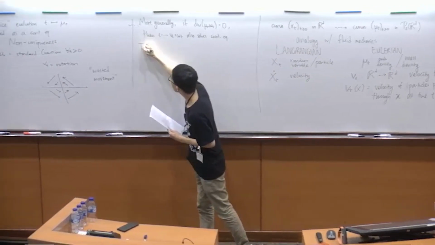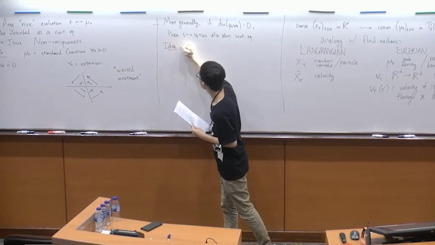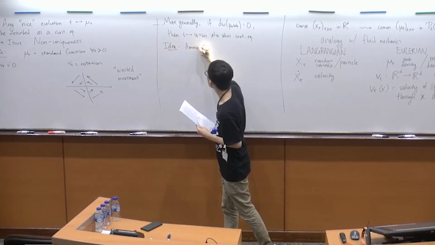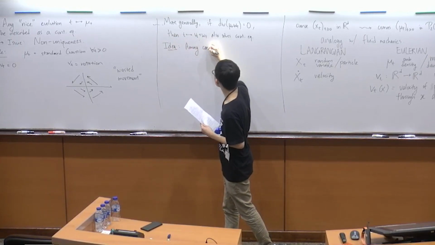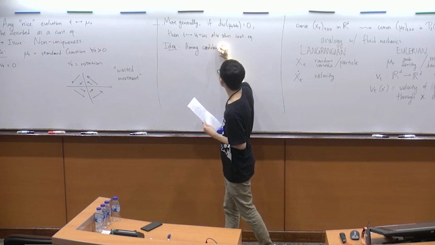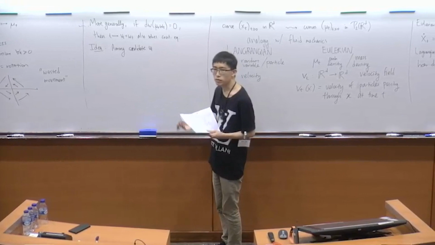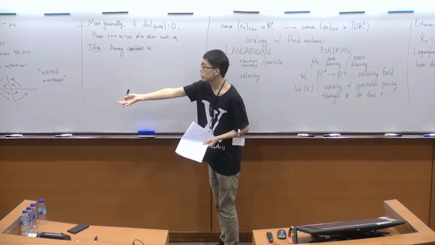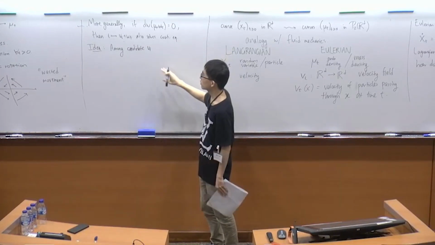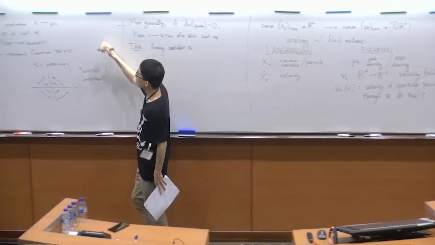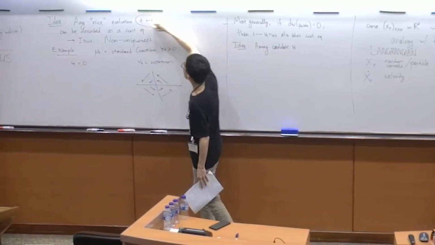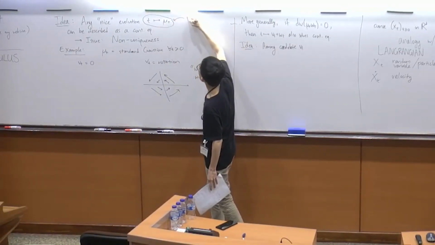Okay, so this is going to be our idea. Among all candidates for the velocity vector field Vt, and what does it mean for Vt to be a candidate for describing the evolution? Well, in this setting, I want you to think of this curve of measures as being prescribed to you.